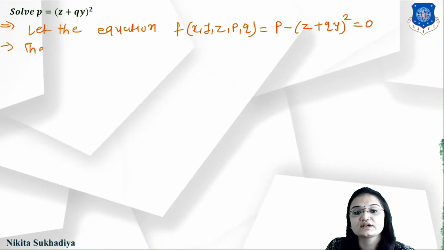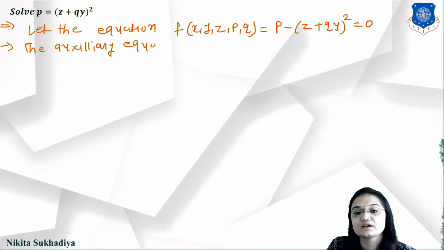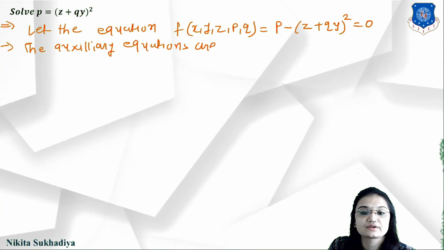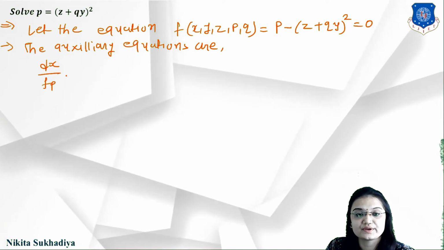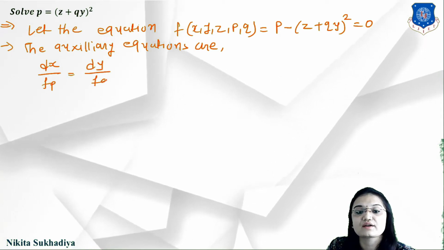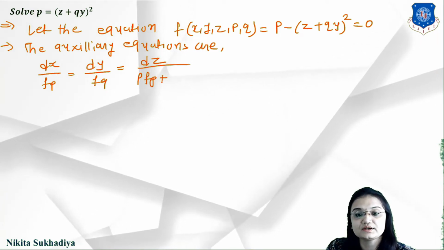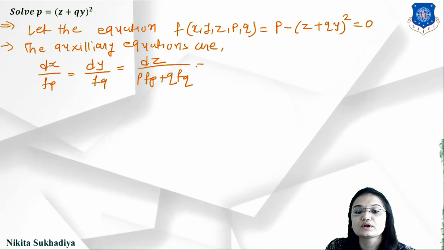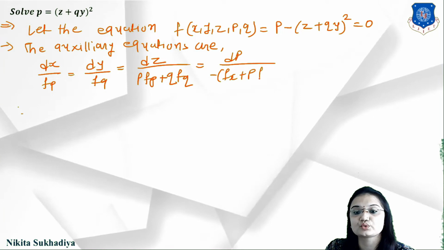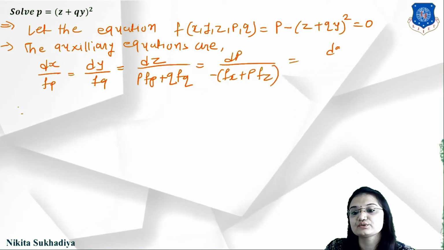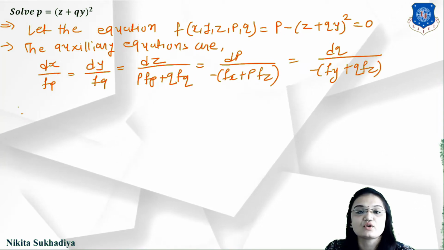The auxiliary equations, according to the Charpit method, are dx by f of p is equal to dy by f of q is equal to dz by p into f of p plus q into f of q is equal to dp upon minus f of x plus p into f of z is equal to dq upon minus f of y plus q into f of z.